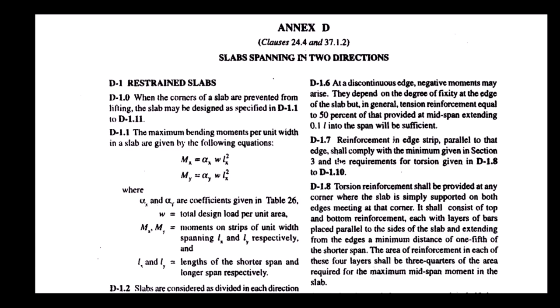So let's check table number 26. The formula for moment in shorter span Mx is equal to alpha x w Lx square, and for longer span My is alpha y w Lx square.